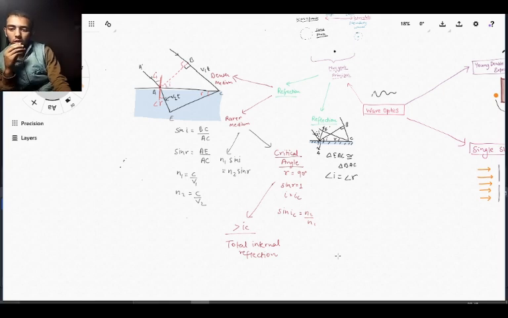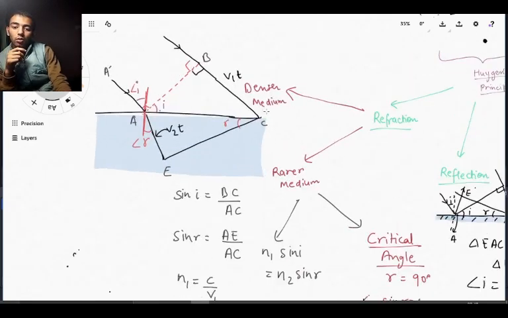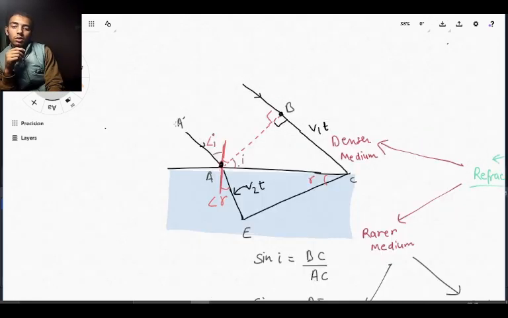So now let's learn about how refraction happens in a denser medium and in a rarer medium. This is a plane wavefront which is falling on a denser medium. First we will talk about the denser medium, then we will talk about the rarer medium.